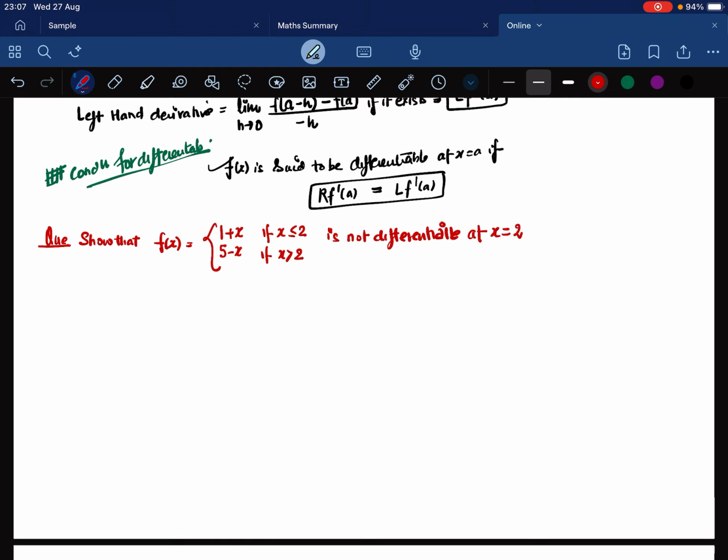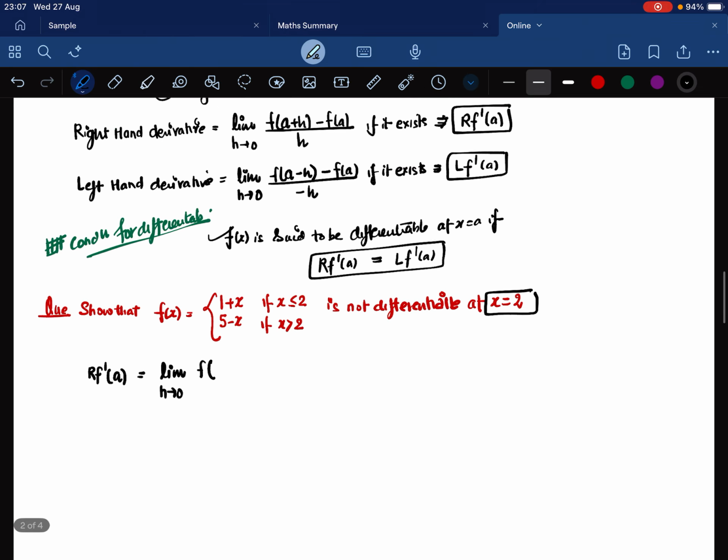So we have to prove that the function is not differentiable at x equals 2. Again, the procedure is to calculate the left hand derivative and the right hand derivative. Let's first calculate the right hand derivative, checking differentiability at 2.